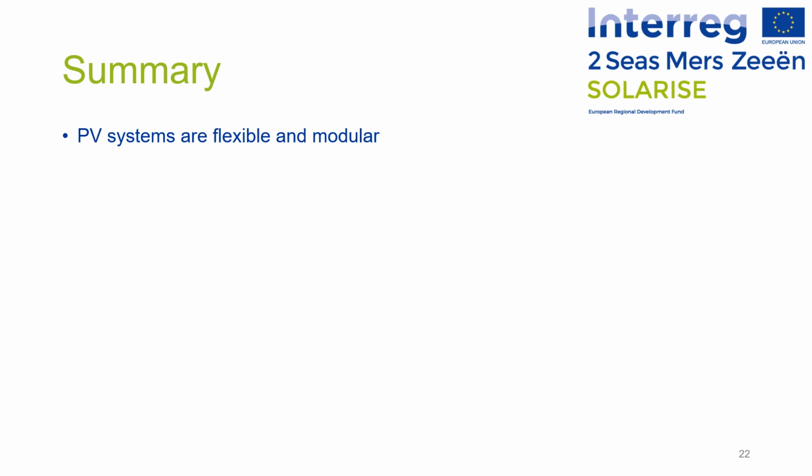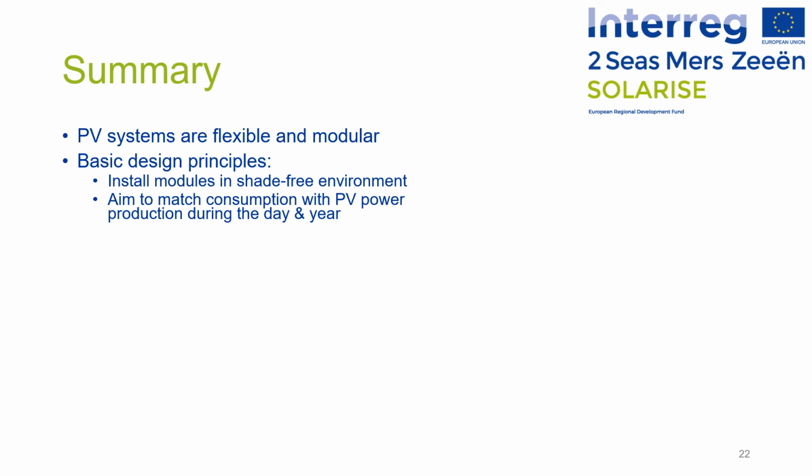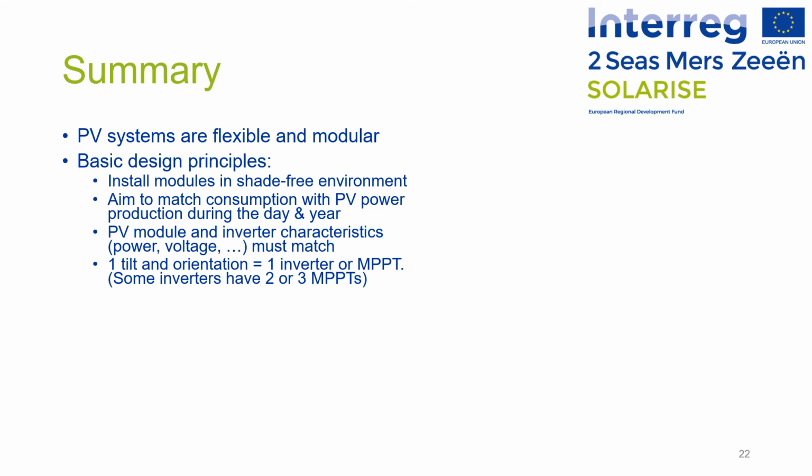In summary, PV systems are flexible and modular, and if we look at those basic design principles, you need to install modules in a shade-free environment, you need to aim to match the consumption with PV power production during the day as well as the year. The PV module and the inverter characteristics, such as the power and the voltage, must match, because otherwise you have avoidable losses.